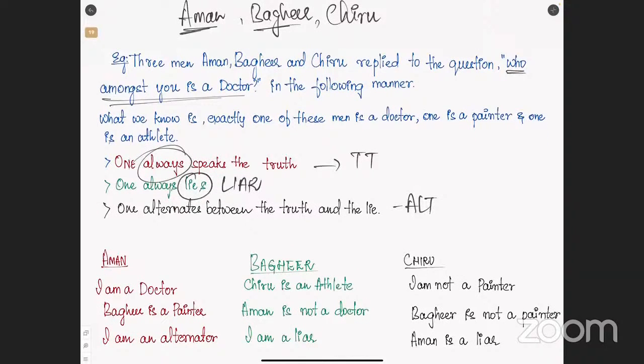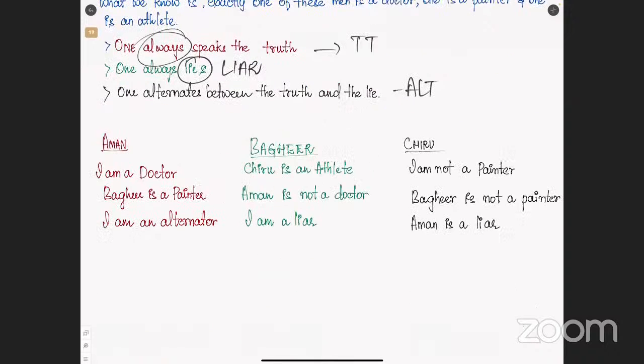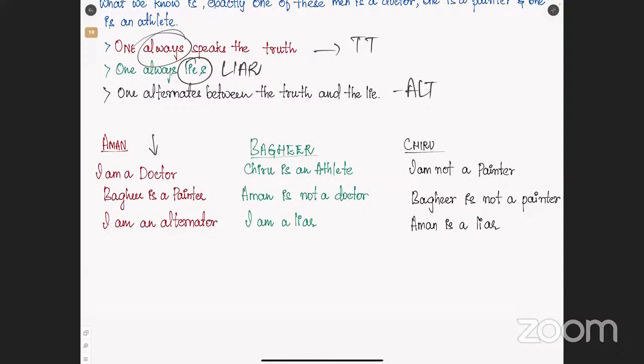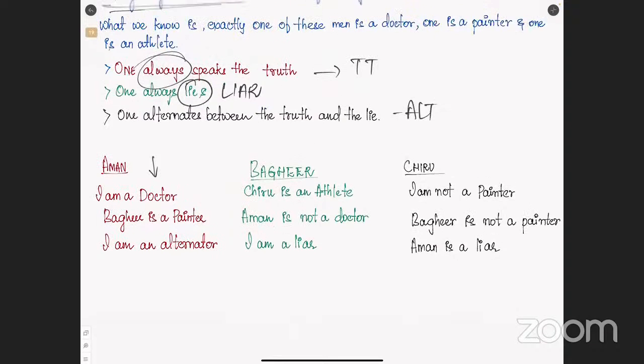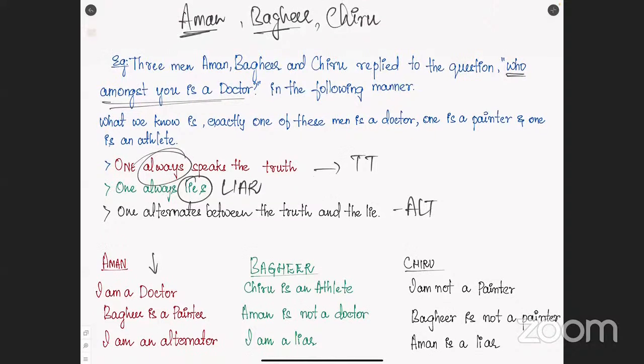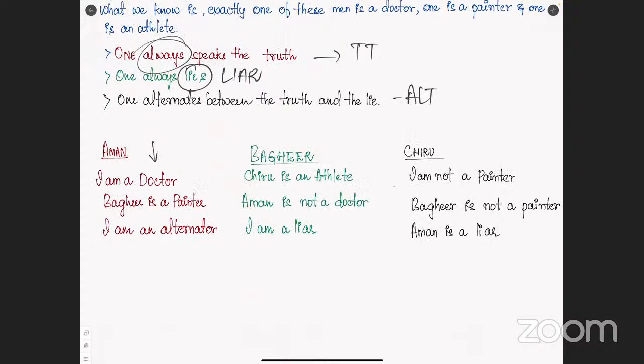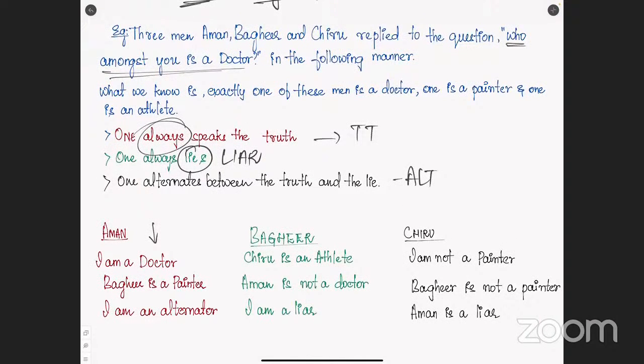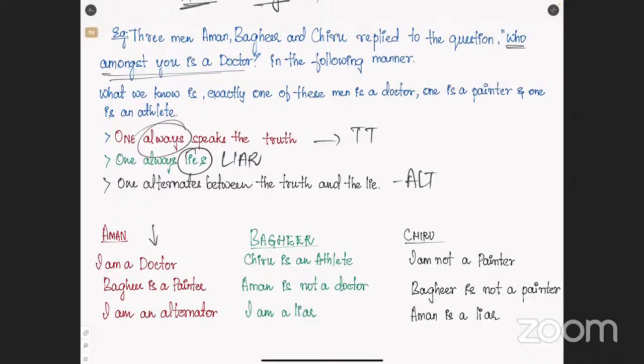If you look at their statements, we will be able to identify who is who. Aman says, I am the doctor. If you recall, the question is, who amongst you is a doctor? Aman is claiming to be the doctor. And he says, Baghir is a painter. The one additional piece of data which we missed here is that exactly one of these men is a doctor, one is a painter, and one is an athlete.